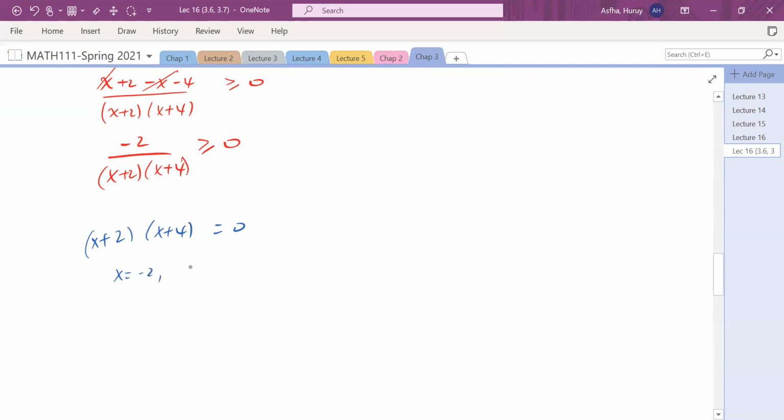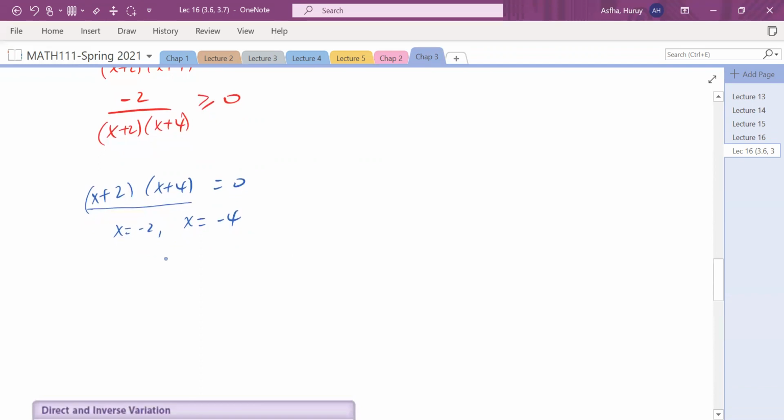Therefore, x is negative 2 or x is negative 4. This will be 0 at either of these values. Therefore, the boundaries are negative 2 and negative 4. We'll put them in order: negative 4, negative 2. And here I have x plus 2.